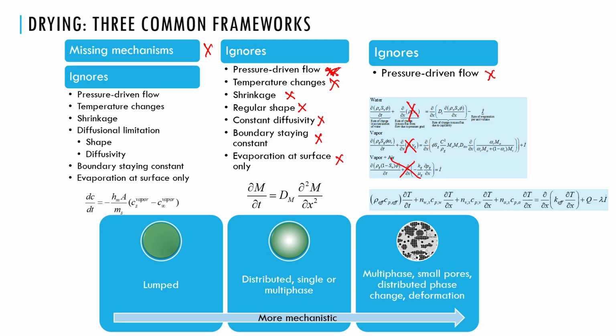So it ignores, for example, all of these, and so in general it is not a very recommended way to look at the physics because it doesn't tell us much about the physics. It may be quick for some applications to get a quick answer, but it's not really giving us the understanding of the physics or the mechanistic understanding.